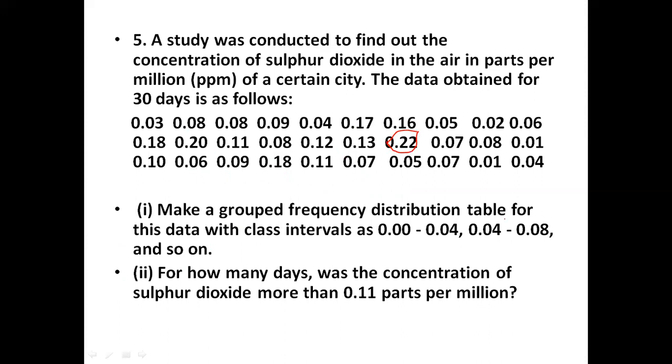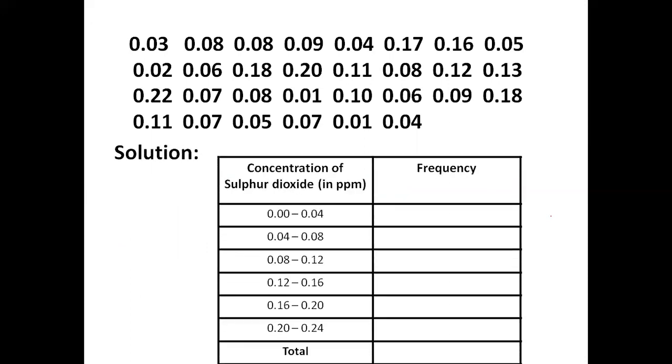We see the class size has a difference of 0.04. This is the data which we are given, and we'll draw the chart, and we will see now the concentration ranges in 0 to 0.04.